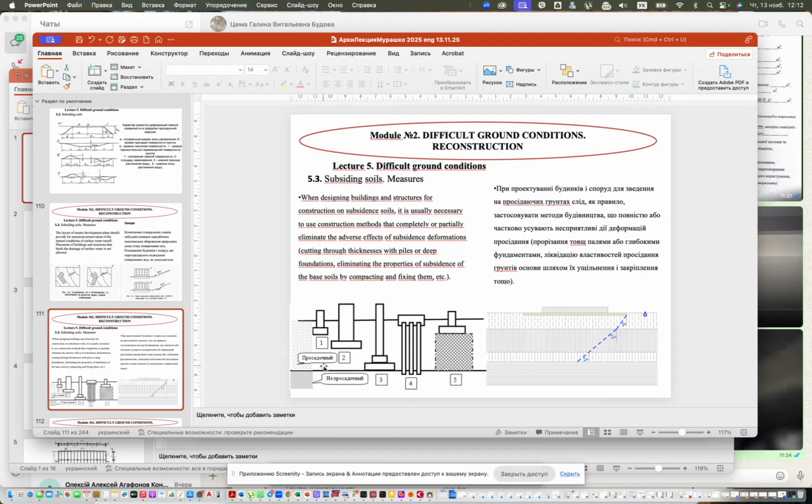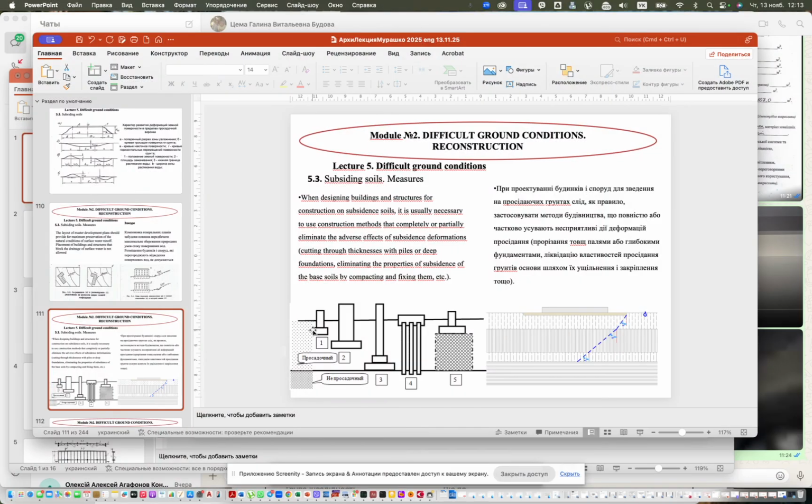The next way for us to protect our building from subsidence is to support it on unsubsiding soil. Because regularly, subsiding soils are the soils which are located at depths of not more than 10 meters from the surface.